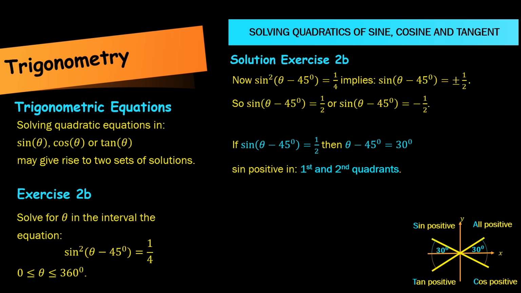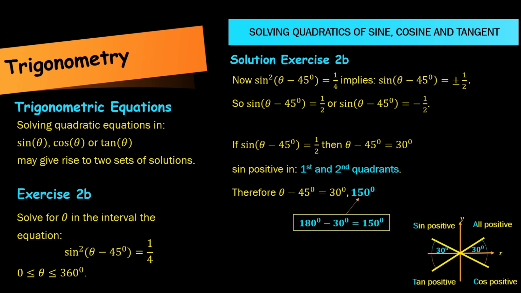But of course in the second quadrant we can't call it 30 degrees. So here's 30 degrees in the first quadrant, and this 30 degrees here is actually 150 degrees in the second quadrant. In other words, 180 minus 30 degrees.